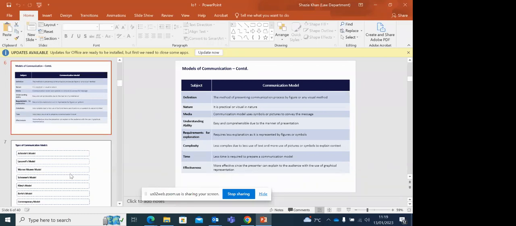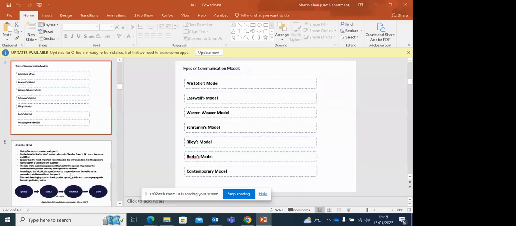So the requirements for explanation: it requires less explanation as it is represented by figures or symbols. Complexity: less complex due to less use of text and more use of pictures or symbols to explain certain contexts. The time: less time is required to prepare a communication model. And the effectiveness: more effective since the presenter can explain to the audience with the use of graphical representation.